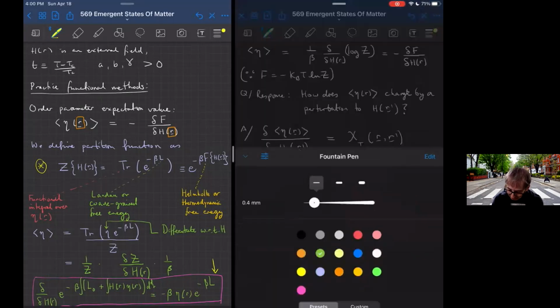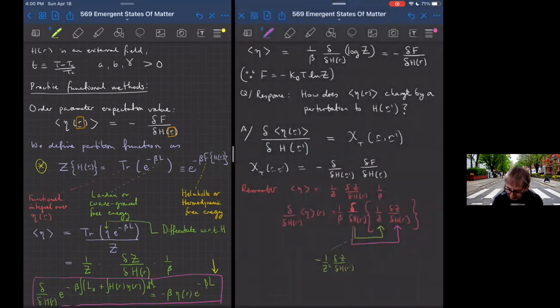And when I act on the dz by dh of r, that one is going to give me 1 over z times d2 z by dh of r dh of r prime.